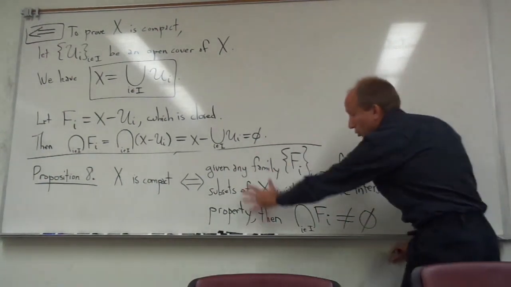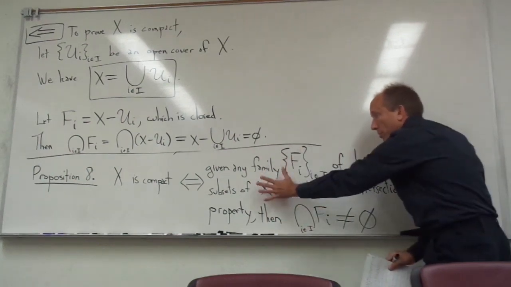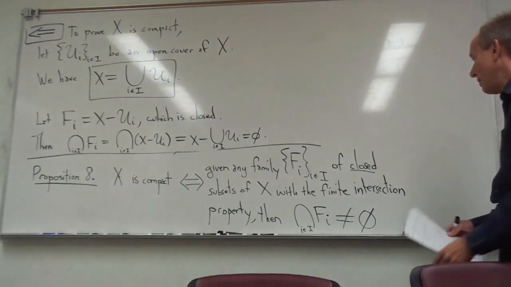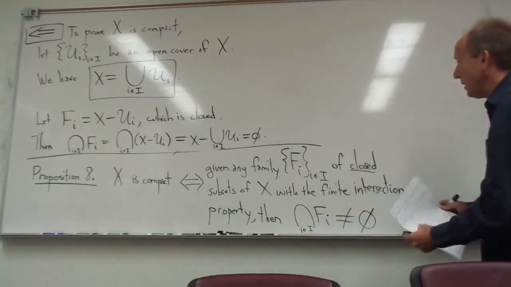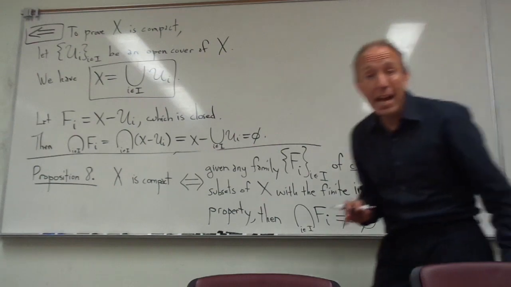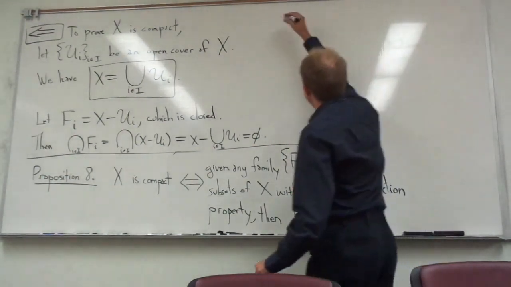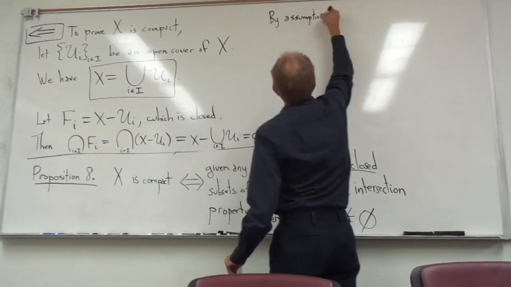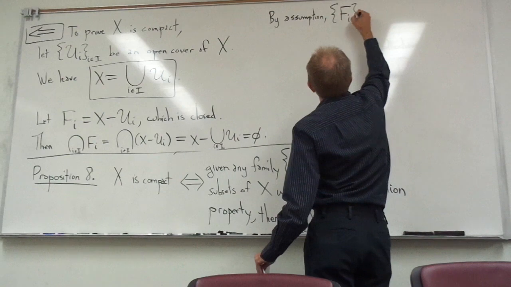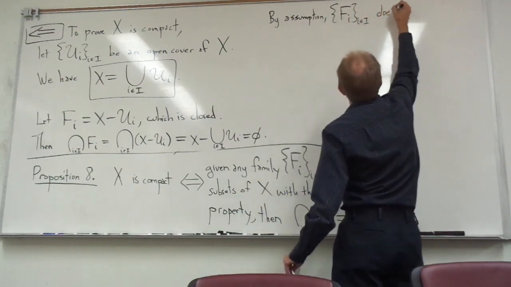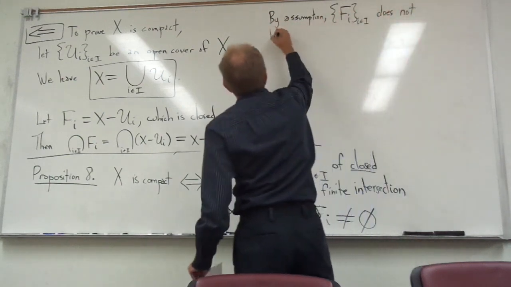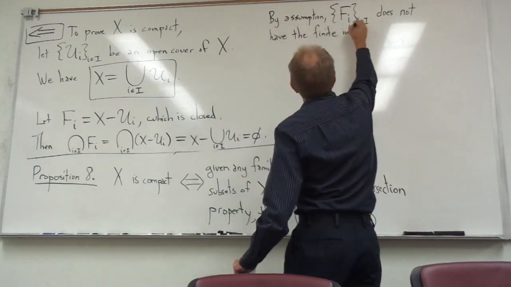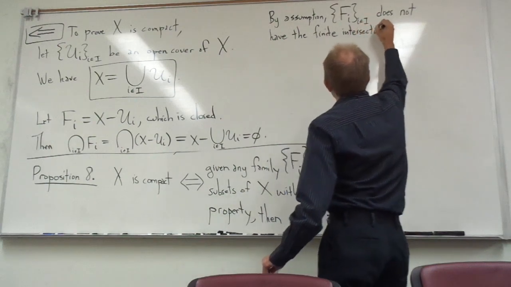If we're assuming the right-hand side of this biconditional, then if the intersection of all of them is empty, this family does not have the finite intersection property. So by assumption, the set of F sub i does not have the finite intersection property.